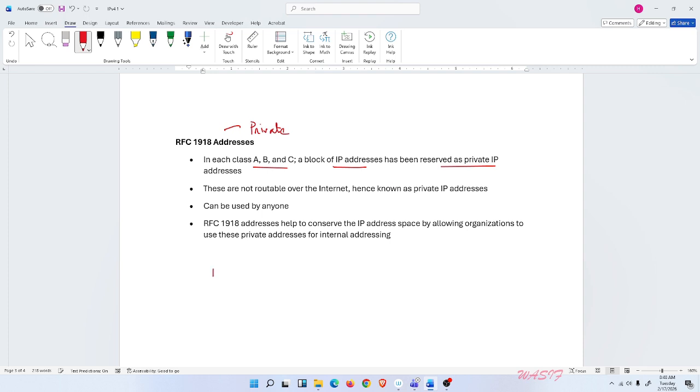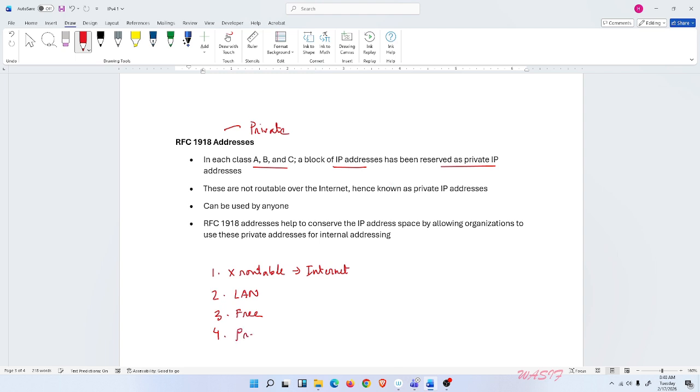A few characteristics of the private IP addresses: they are not routable over the internet. Very important, over the internet. They are routable inside, inside means inside the LAN. It is used only in the LAN. It is for free, as long as you know how to create and use it.